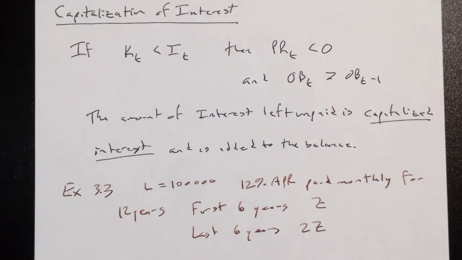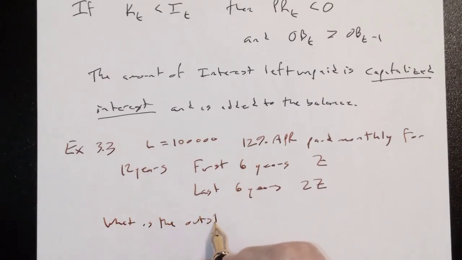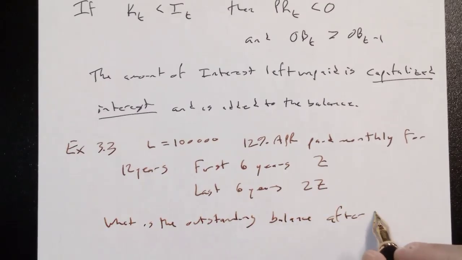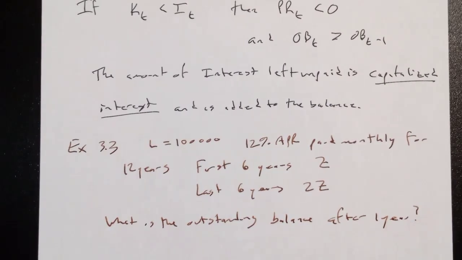Somewhere along the line, one of my other expenses will drop out in 6 years. I'll be able to put more money to this payment. The question asks, how much do you owe at the end of a year?